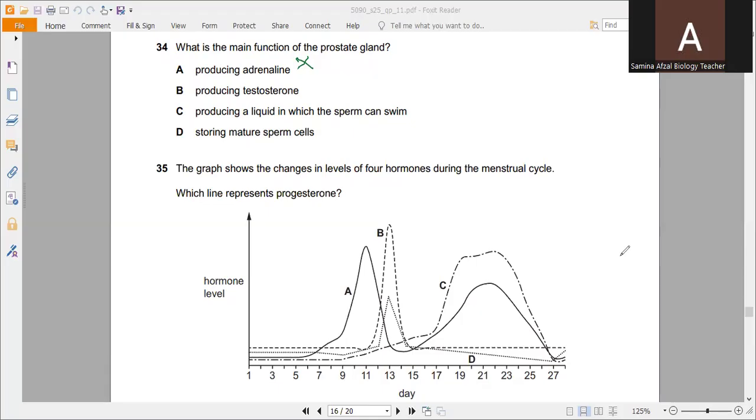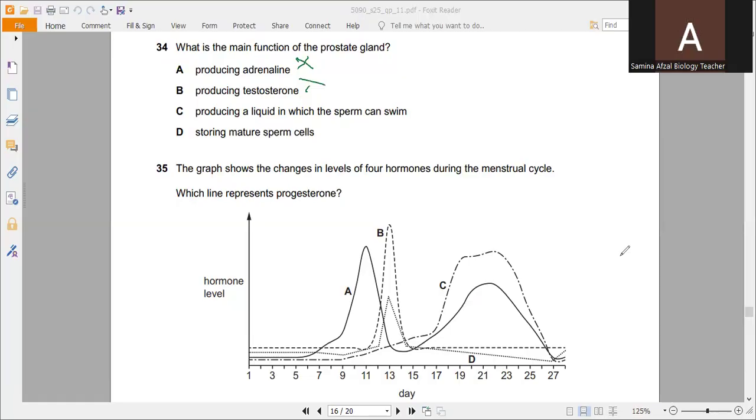B is testosterone. Testosterone is a hormone produced in the testes. So again, this is not it.